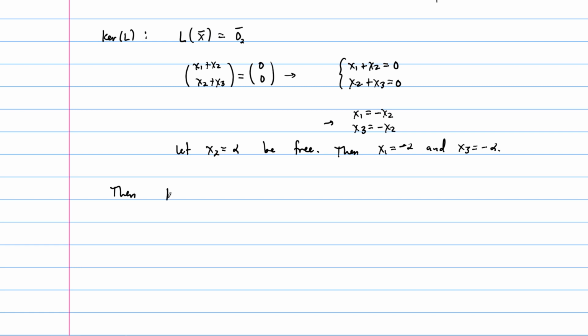So then our kernel of L is equal to all the vectors that are of this form, right? So it's going to be equal to the set of x in R3 that are equal to this vector. So the components are going to be minus alpha, x2 is alpha, x3 is minus alpha, right? And this is true for any alpha in R.